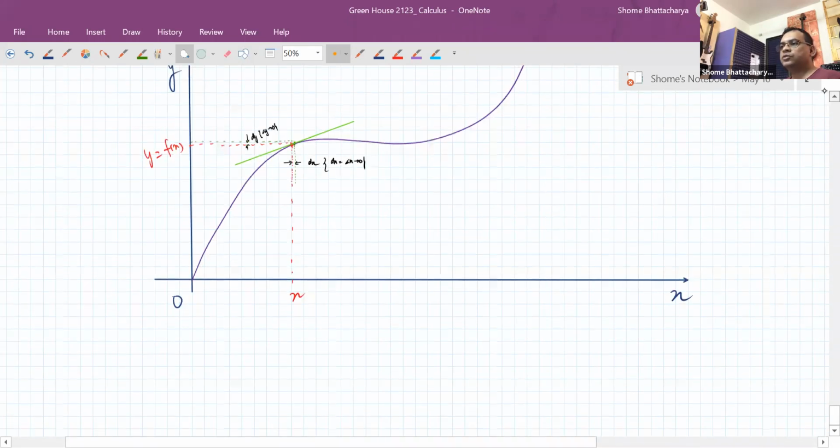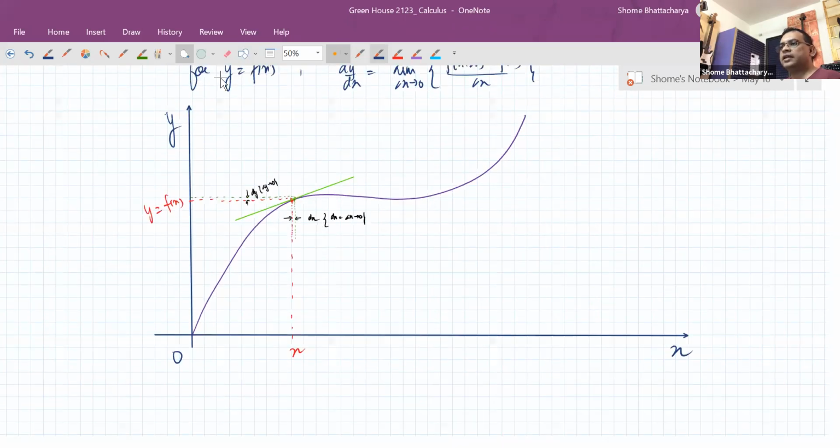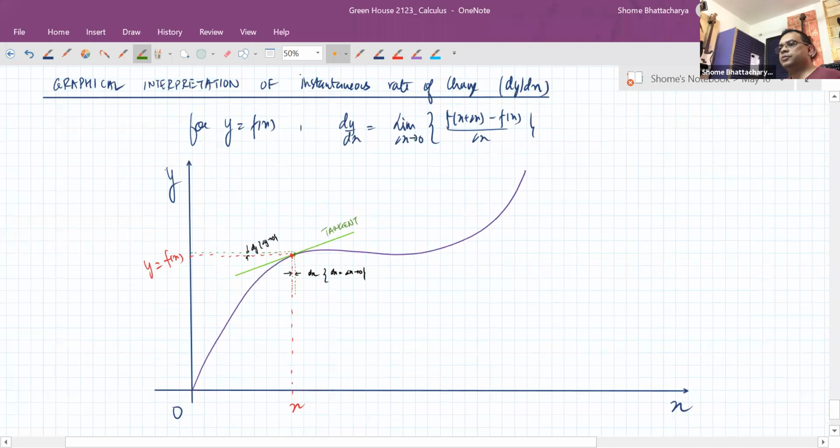Remember earlier we had discussed the perfect tangent line, when those 2 points have exactly merged, when delta x is tending to 0, as close to 0 as you can imagine. So the graphical interpretation becomes that it is the slope of the tangent drawn at x equal to x.